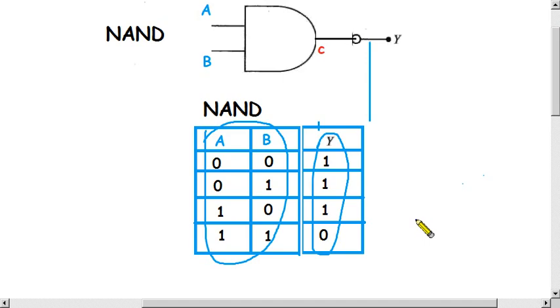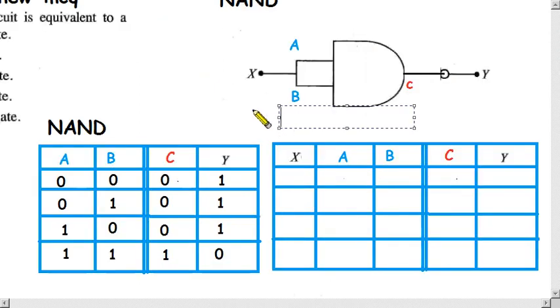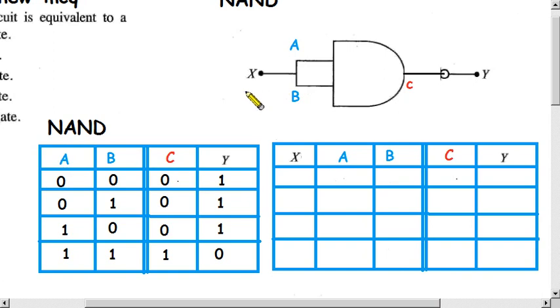So after connecting these two inputs, what happens? We can give 0 to this input. Say we gave 0 to this input. So what happens when x is 0?